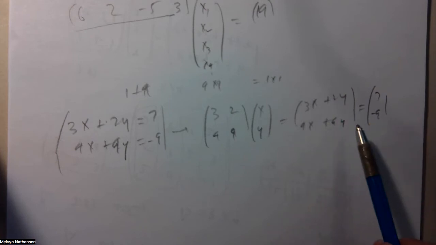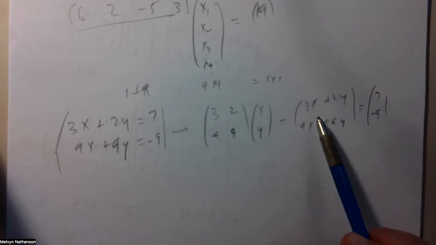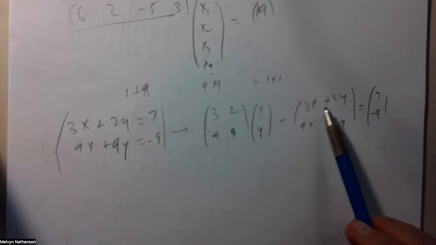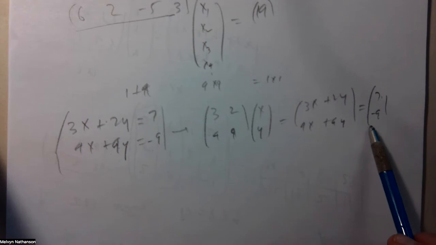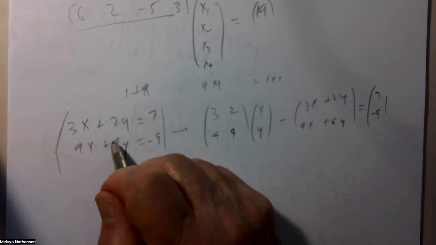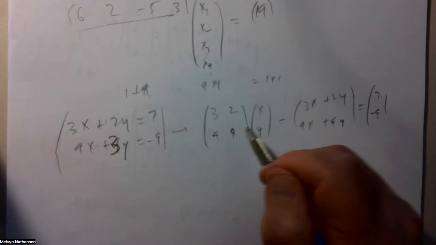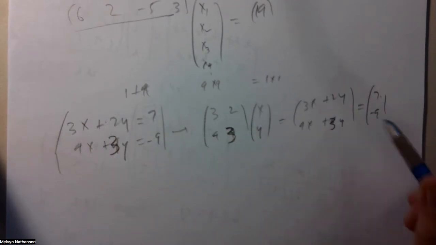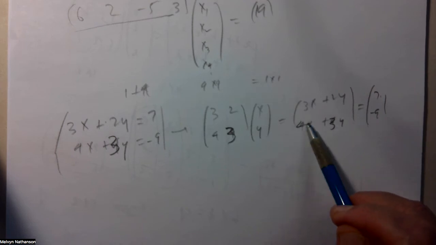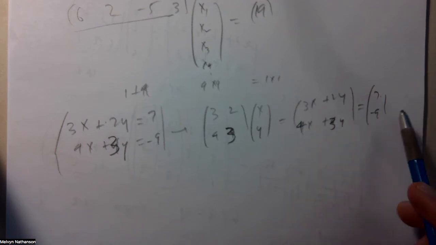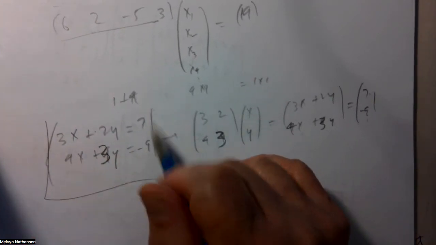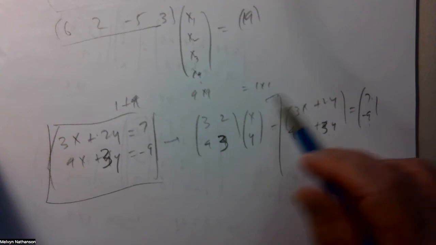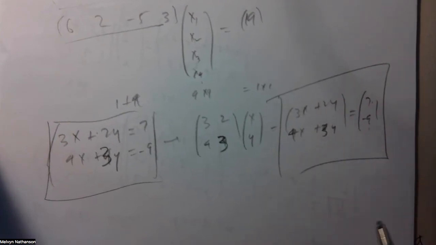This means two vectors are the same, they have the same coordinates, so this means 3x plus 2y equals 7, 4x plus 3y equals minus 9. So here I have equations written as equations, and this is the vector form for the same system of equations.